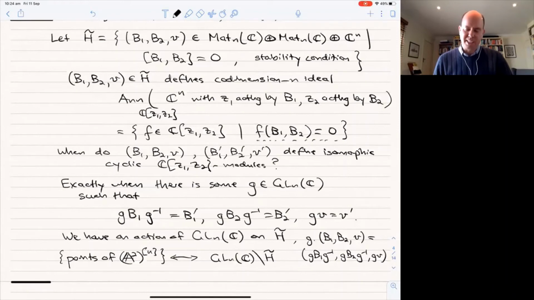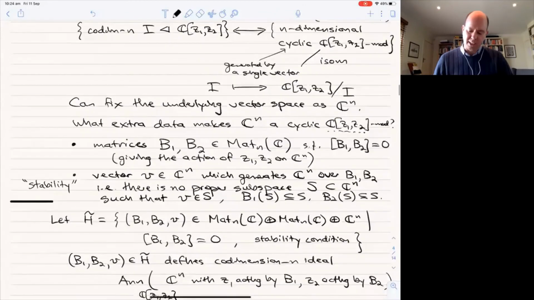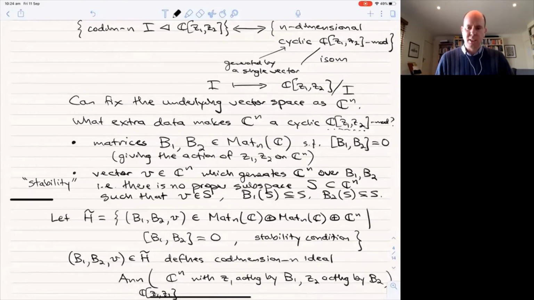So yes, as Boris points out, there's no occurrence of the vector V in this definition here. And in fact, everything I've said up to this point would be true if instead of adding the data of V, I just made it a condition on B1 and B2 that there exists a vector V such that this is true. All I needed here was the property of the module being cyclic. So I could have just said that B1 and B2 satisfy the condition that there exists such a vector V and left V out of the data.